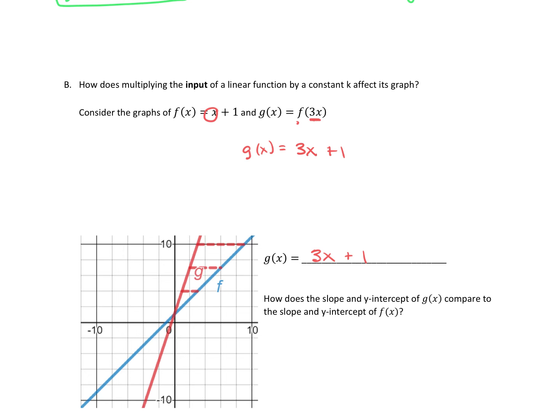So how does the slope and the y-intercept of g of x compare to the slope and the y-intercept of f of x? So the slope is multiplied by 3, but the y-intercept did not change.